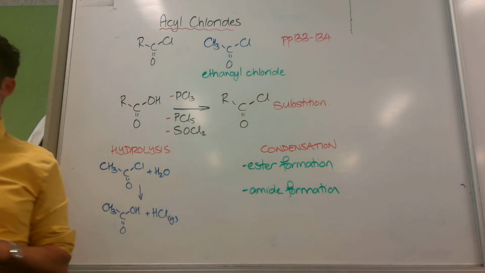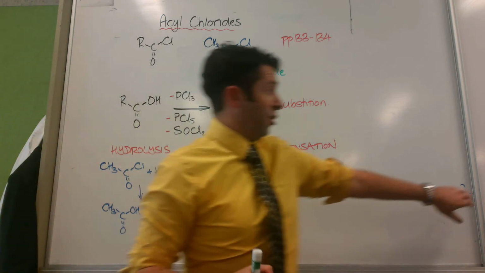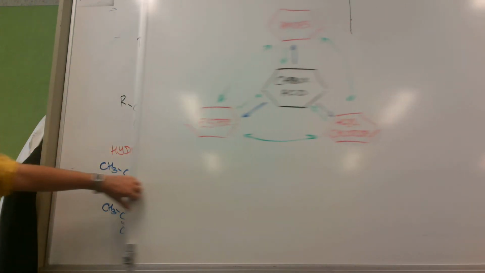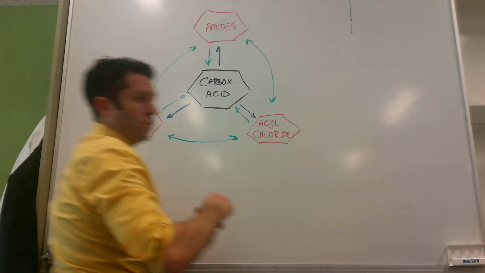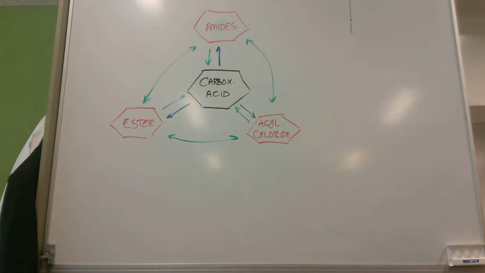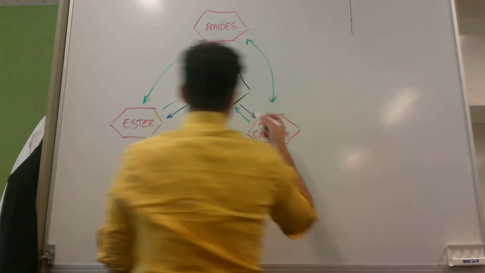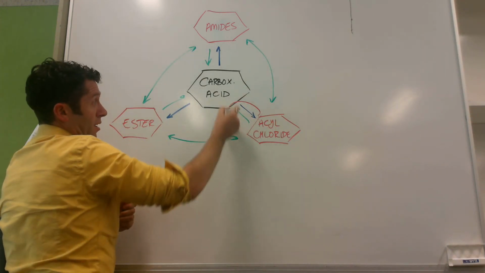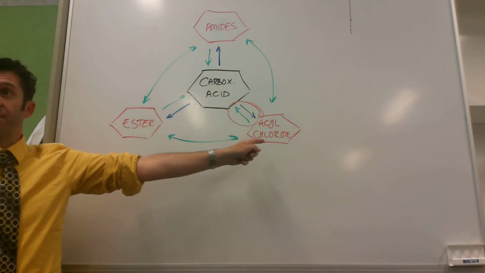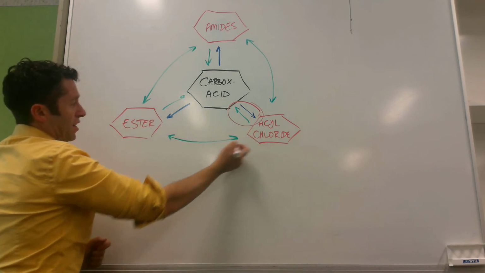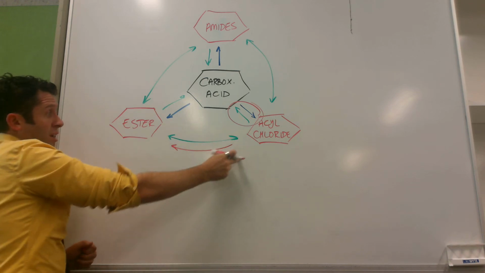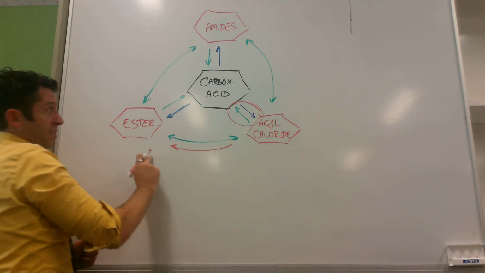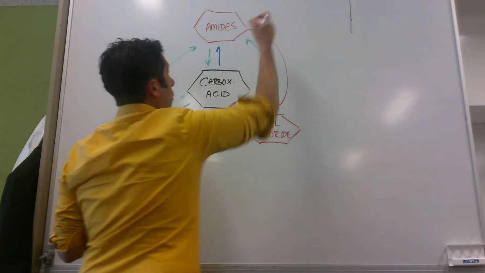So if I go back to my original little flow diagram type thing, my little reaction scheme, I'm seeing that there is a relationship between these. I've gone back and forward between carboxylic acid and acyl chloride, and I've shown how, using condensation, to turn an acyl chloride into an ester or into an amide.